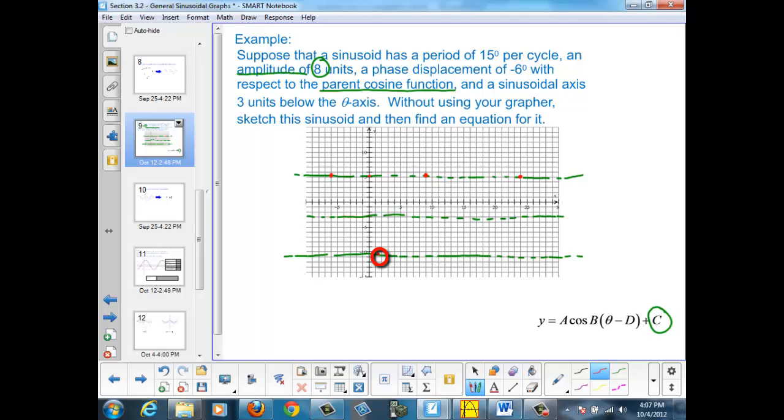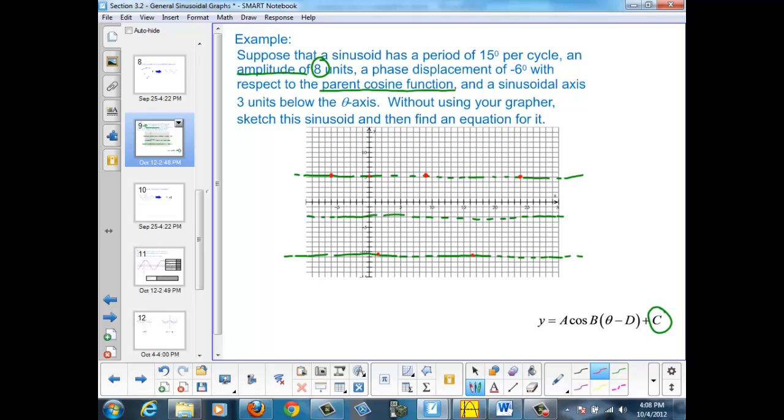And then another 7.5 added to the 9 degrees would put me at 16.5 degrees for another low point. Or I could have taken my original low point of 1.5 and added the 15 degrees, because that's how long it will take to repeat a low point.